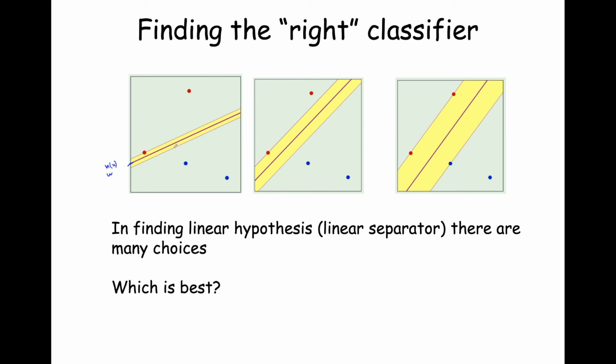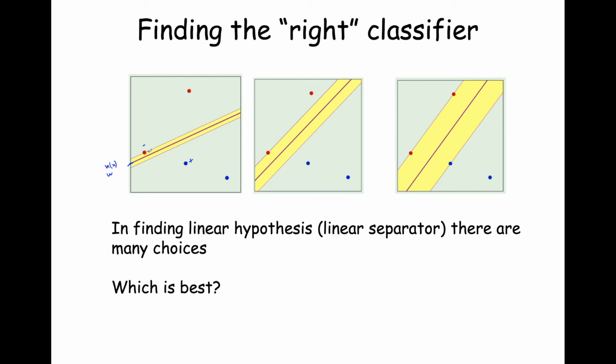Now, we're going to also introduce some new terminology. Here, on either side of this hypothesis, h of x, we have some data point, regardless of if it's a negatively classified point, a negative example, or a positive point, positively classified. We have some point that's closest to the hypothesis, closest to this linear model.